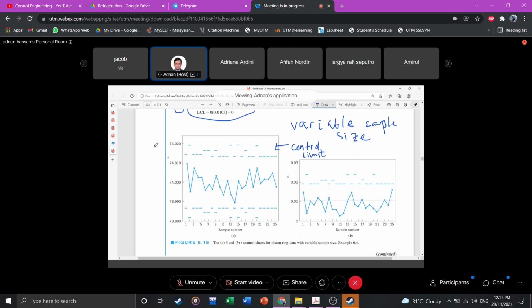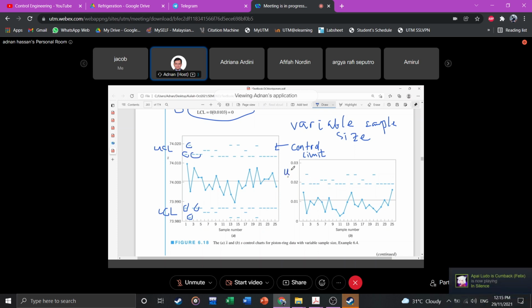This is the upper control limit, and this is the lower control limit. You see that every sample has its own control limit. Same thing here in the S chart.